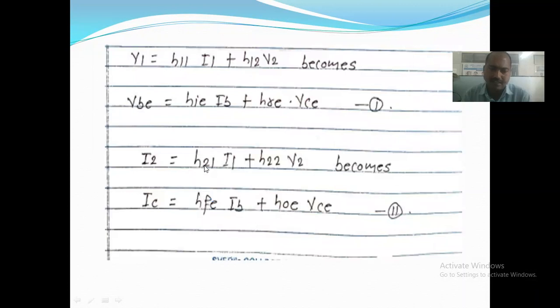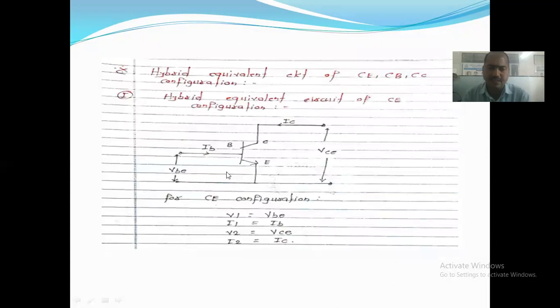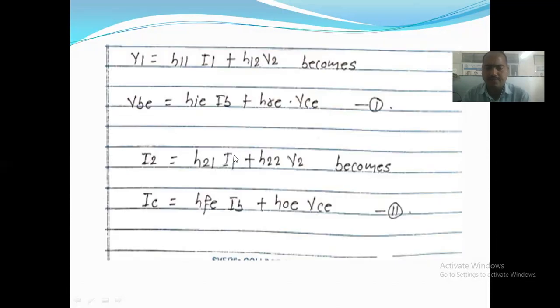H21 as it is. H21 is the ratio of I2 upon I1, so it is called the forward current gain, HF, and for the emitter configuration it is written as HFE. I1 is IB, so we write IB here.